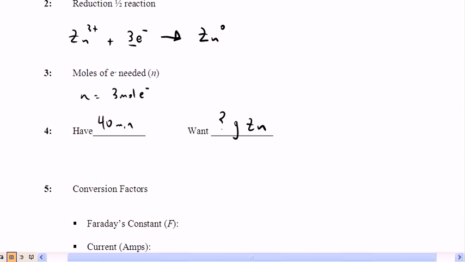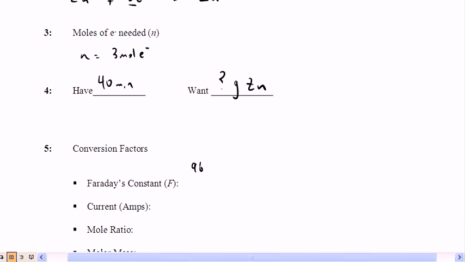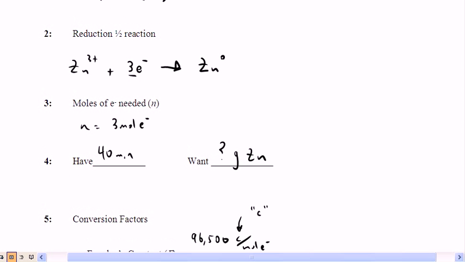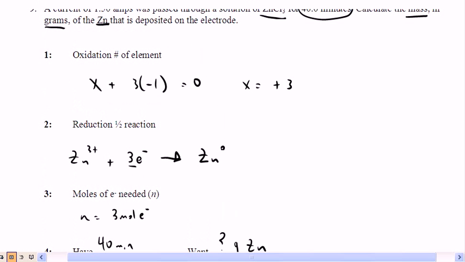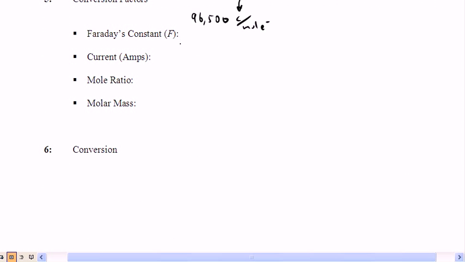Let's go down here and put in our conversion factors. We know that Faraday's constant is 96,500 coulombs for every 1 mole of electrons. It's totally okay to abbreviate coulombs as C. What is the current in this problem? 1.50 amps is the current. So I'm going to break that out as coulombs per second.